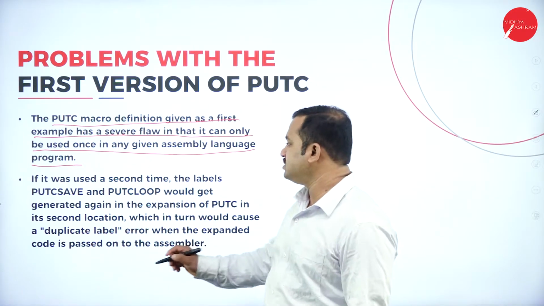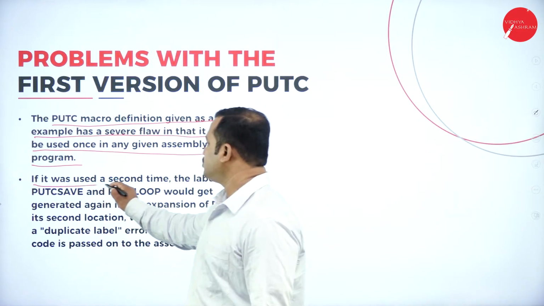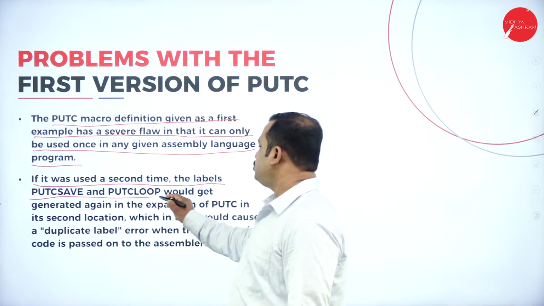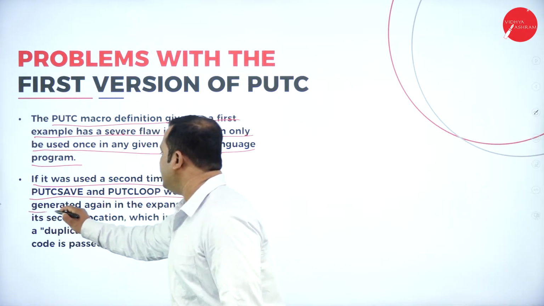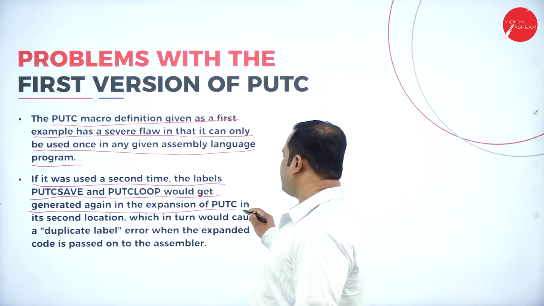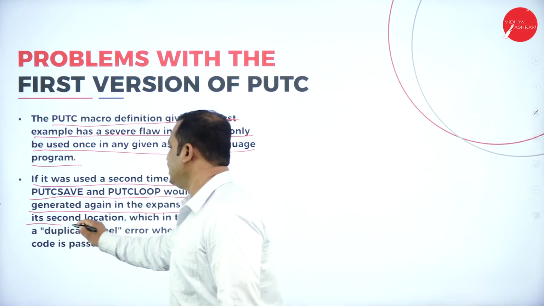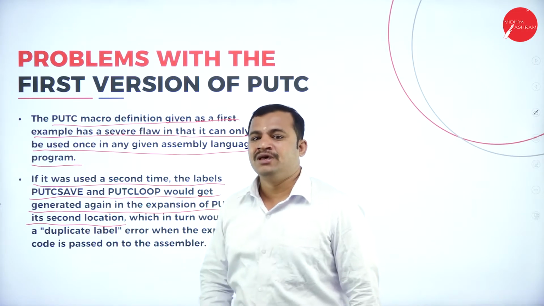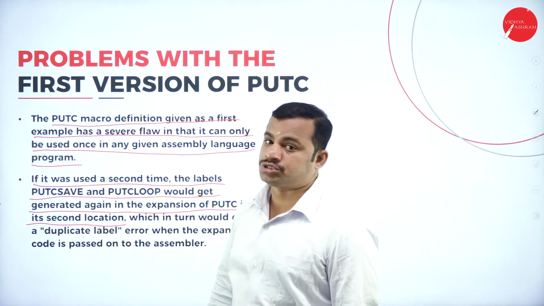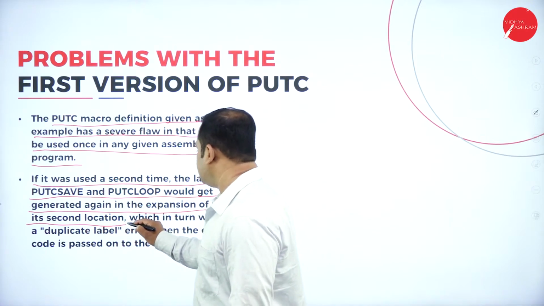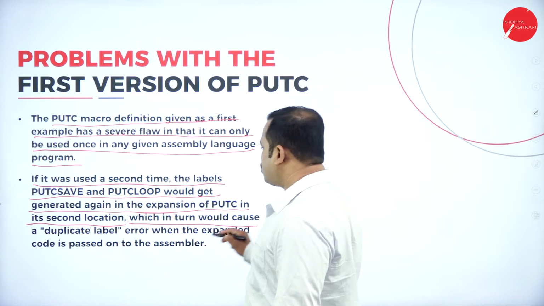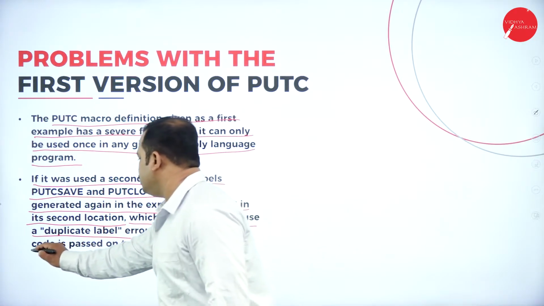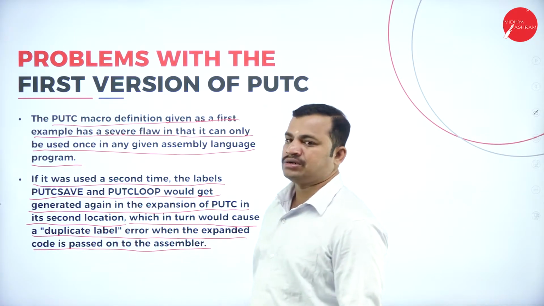The same thing is explained here. If it was used a second time, the labels PUTC and PUTC loop would get generated again in the expansion of PUTC at its second location. That is, it finds duplicate labels in the expanded version of the source program. This in turn would cause a duplicate label error when the expanded code is passed on to the assembler.